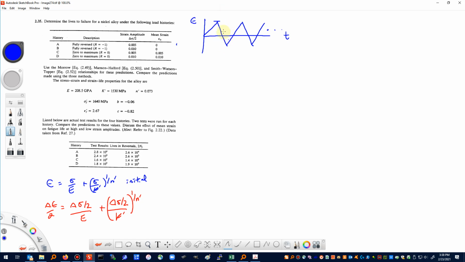Okay, now the amplitude is 0.005, so in History C, this value is 0.001, and actually I messed this up.